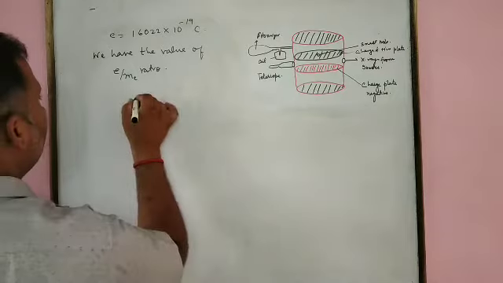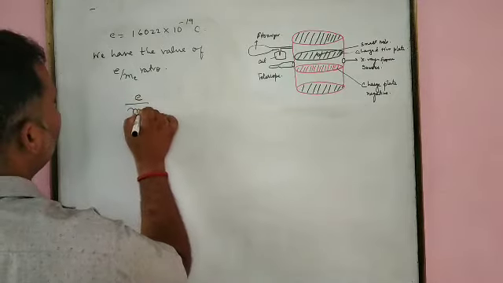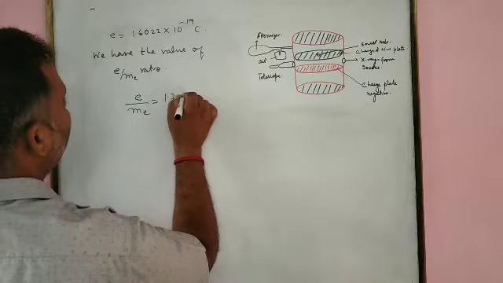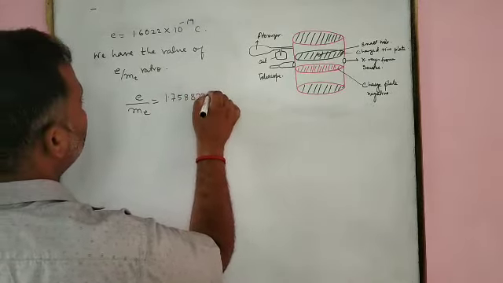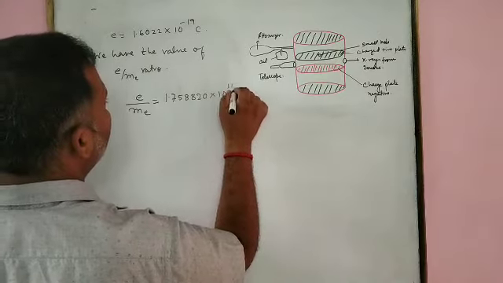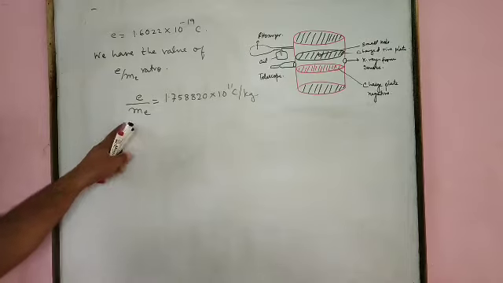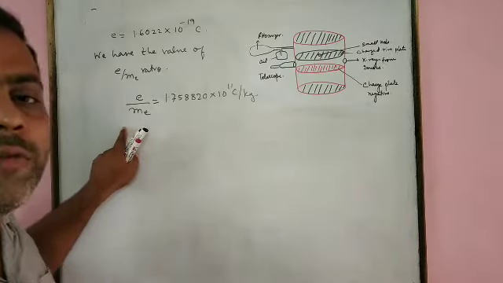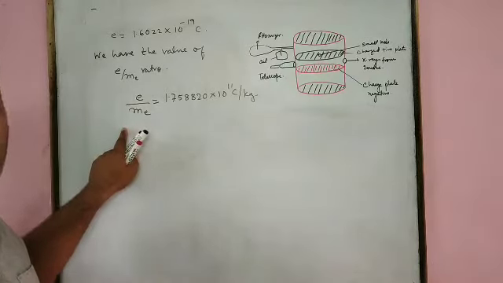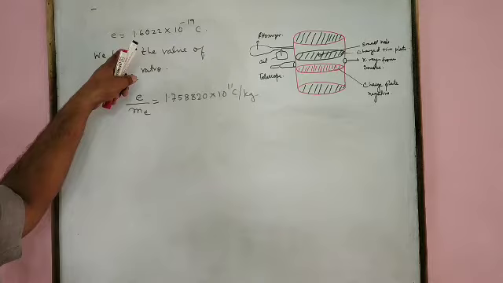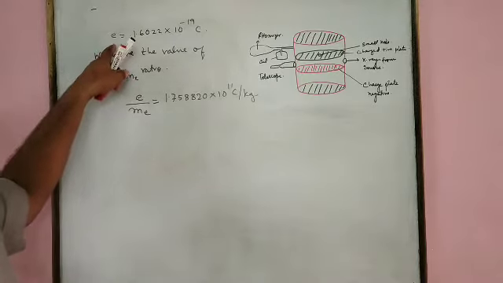It means e/m_e is equal to 1.758820 × 10^11 coulomb per kg. We have the ratio of charge to mass of the electron, which was calculated by J.J. Thomson in the previous experiment. And R.M. Millikan observed the charge on the electron.